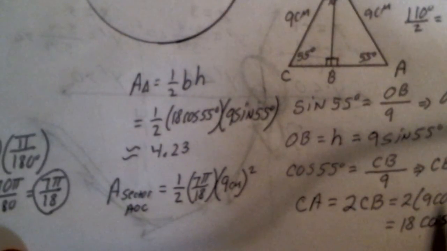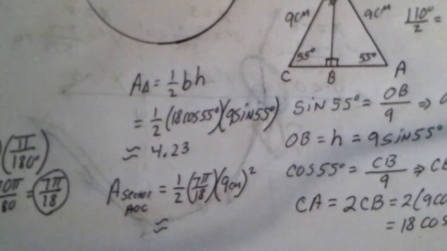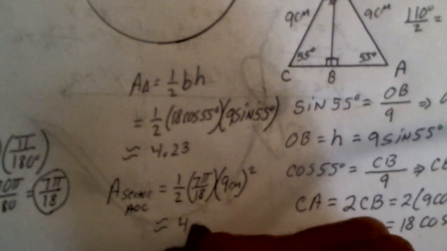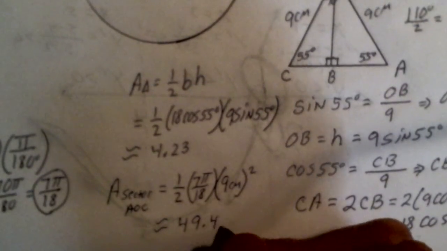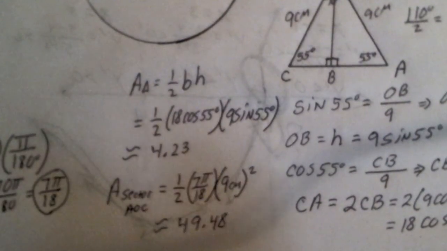So the area of that sector AOC is going to be approximately, when you get on your calculator and calculate this, 1/2 times 7 times pi divided by 18 times 9 squared, times 81. And I'm getting about 49.48 square units. So that's the area of the sector AOC.